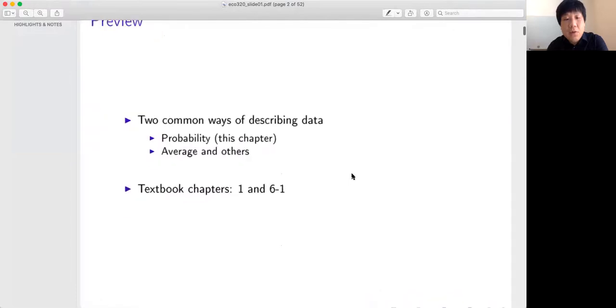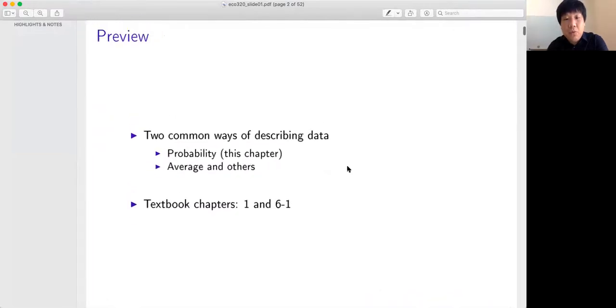There are two common ways of describing data. One is probability, which is this chapter, and the other is average or others. Let's say we are in Albany, and somebody asks, can you describe the GDP of students in Albany? Some say average might be a good description, or maybe using probabilities, or other measures like standard deviation or variance.